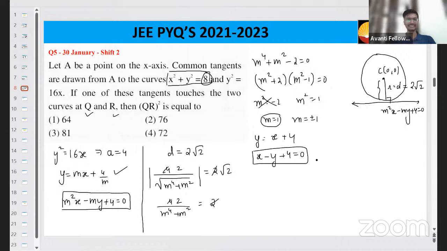Okay, now this tangent touches the parabola y square equals 16x, let's say at Q, and this touches the circle x square plus y square equals 8 at R. Correct? So we have to find the coordinates of Q and R. The coordinates of Q are very easy, guys.